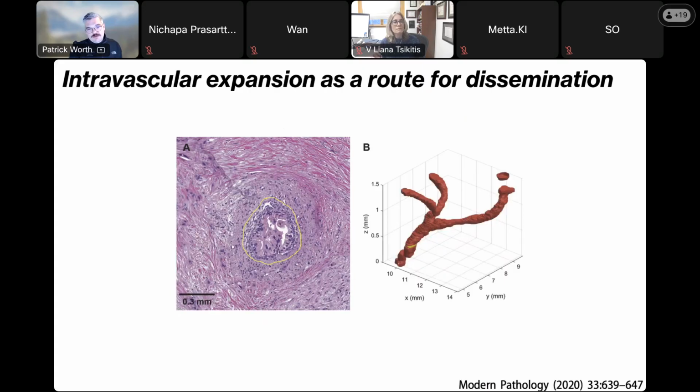And this is from Ralph Hruban's group, also working with Laura Wood at Hopkins, looking at the distribution of tumor within the blood vessels around pancreatic tumors. And essentially, you're seeing these peninsulas of carcinoma that are growing within small venules that eventually coalesce to become SMV or portal vein, but basically have a direct route to the liver.